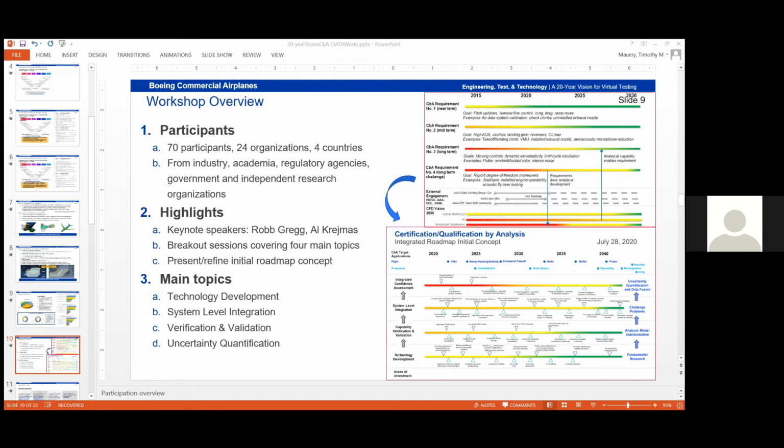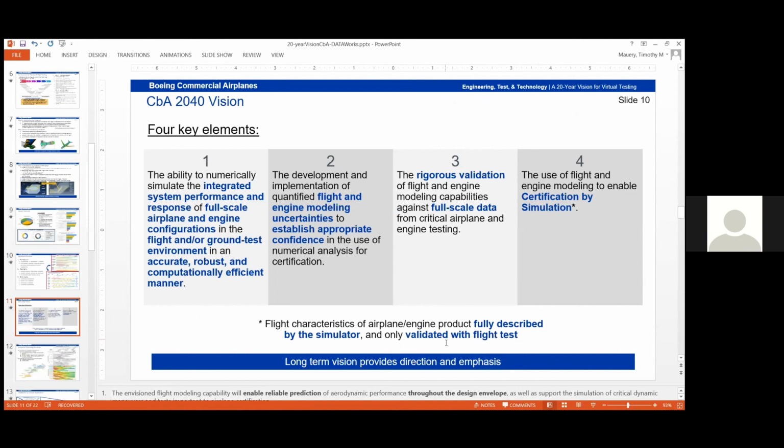After gathering all the information from the roadmap exercises, the survey, and the workshop, we came up with a vision for certification by analysis over the next 20 years. It has 4 key elements. The first is obvious: we have to be able to have reliable prediction of aerodynamic performance throughout the design envelope.